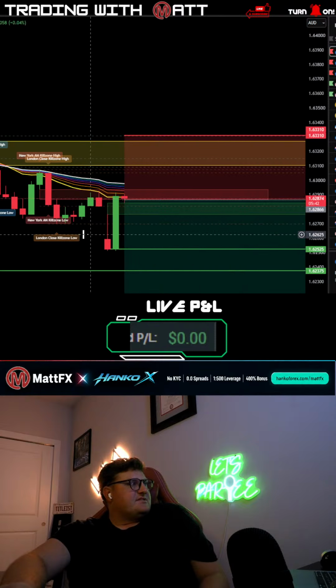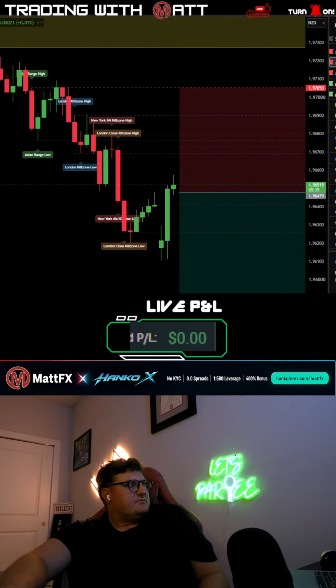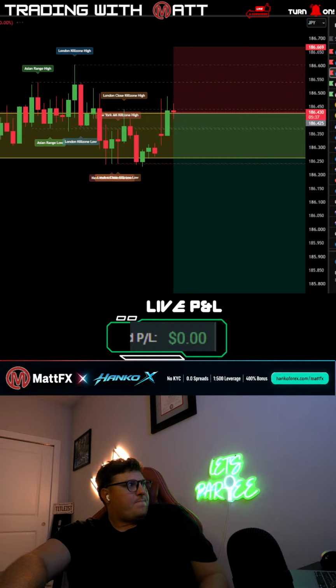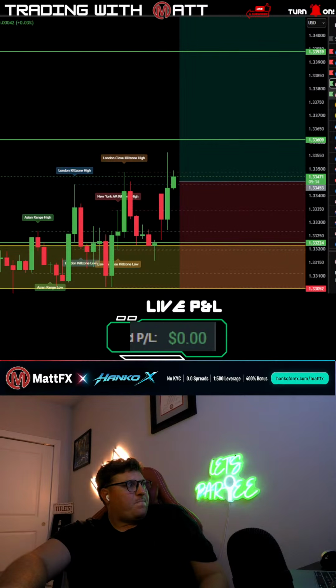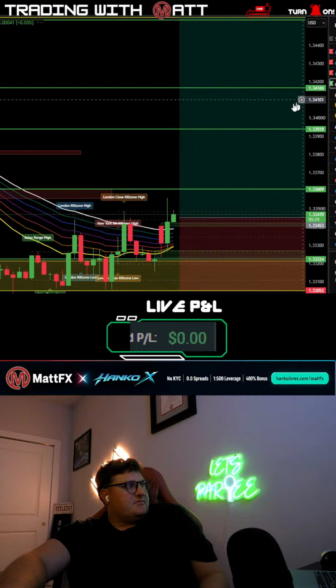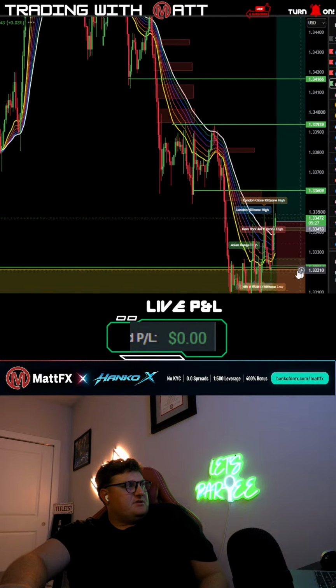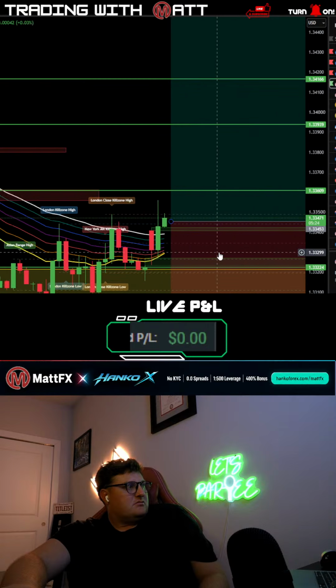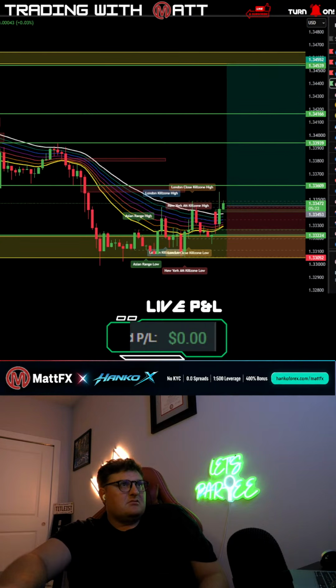We got 5-6 minutes here. Getting rid of GJ. Might get rid of GBP USD as well. We'll have to see what it does here going into this hour candle.